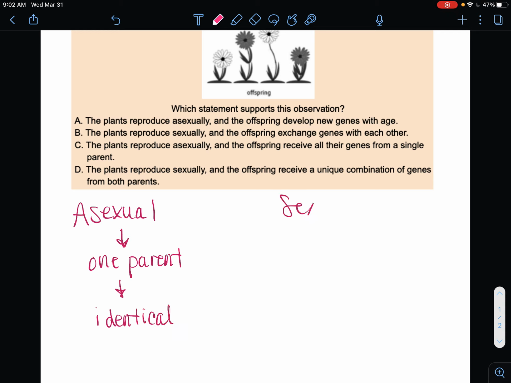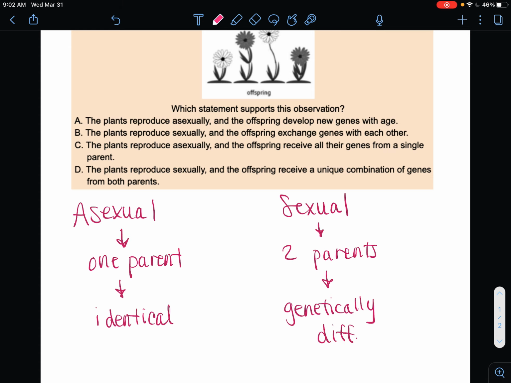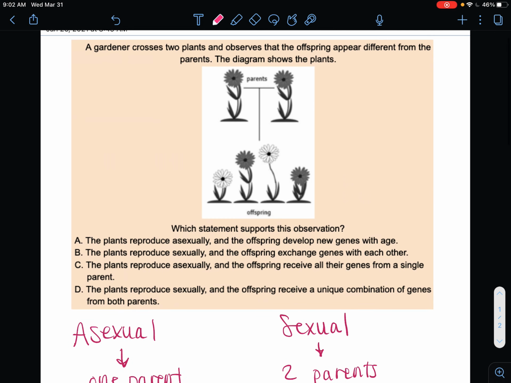With sexual reproduction, you have two parents, and the offspring are all genetically different because the genes from the parents are combined to form a new offspring.